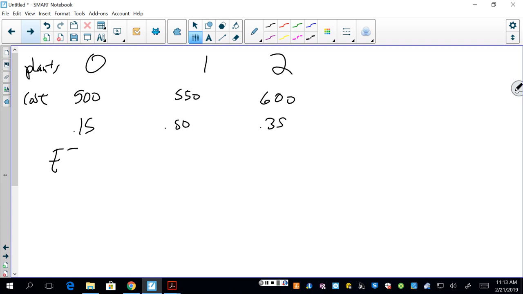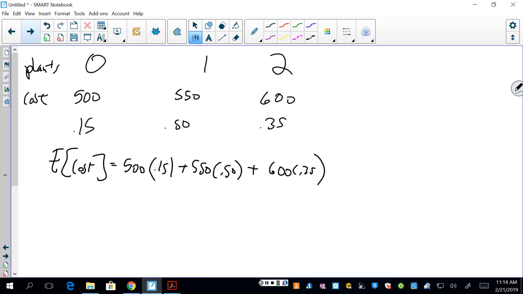So you can do the expected value of cost as the cost in one of these type of rooms, 15% plus 550 times this plus 600 times this one. And you're still going to get the 560 as the cost.